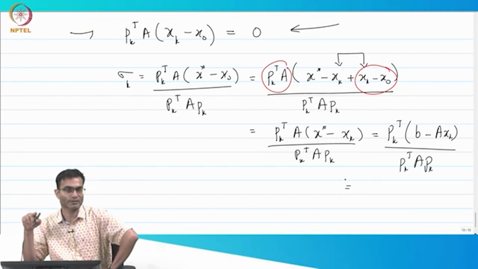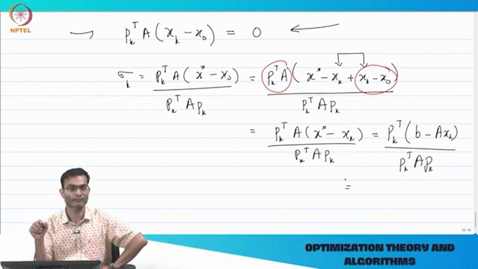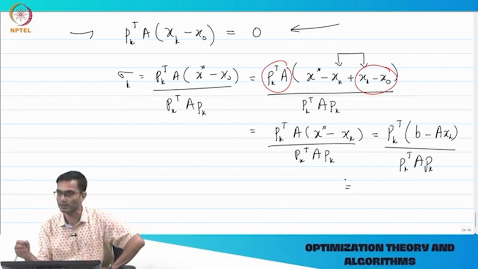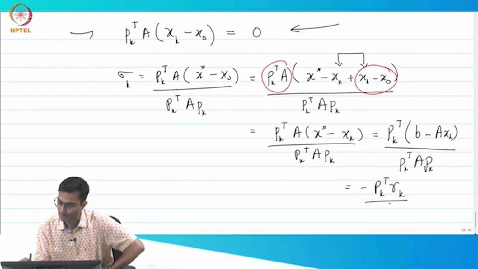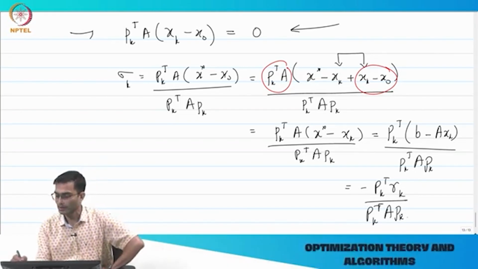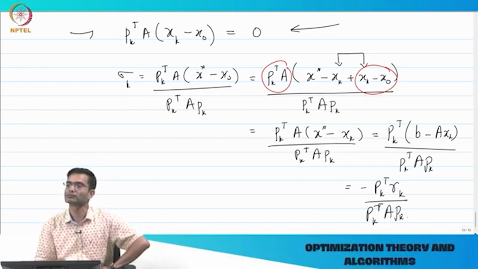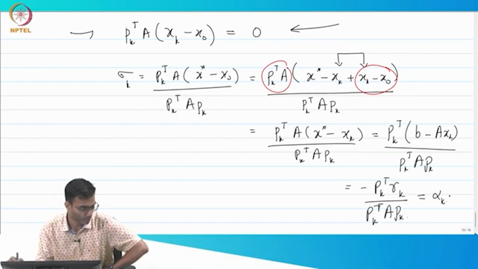It's the minus of the residue. Residue was Ax minus B. So this is nothing but minus Rk, right? So this became minus Pk transpose Rk divided by Pk transpose A Pk. Does this expression look familiar? We have seen it before. What was it? Alpha k.